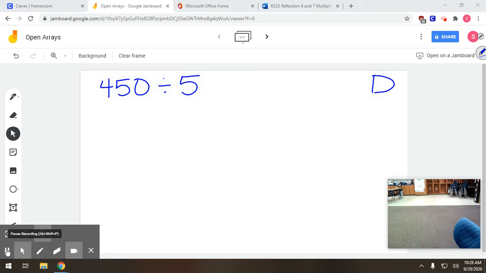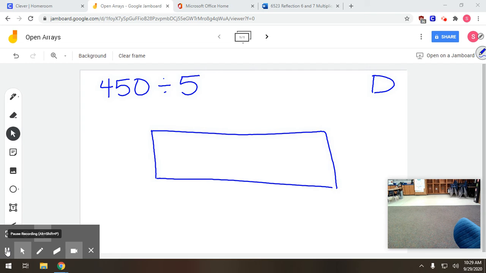Okay, so what we're going to do is we're going to go ahead and draw our open array. And we are going to multiply by smaller numbers by breaking down 450.